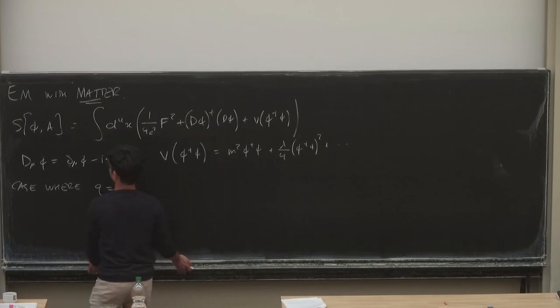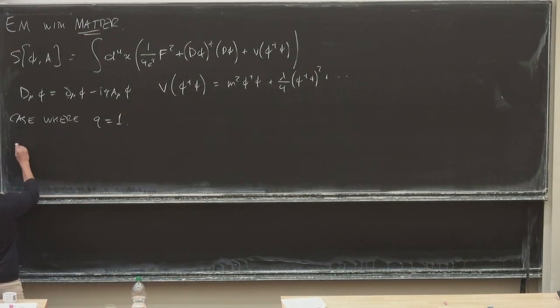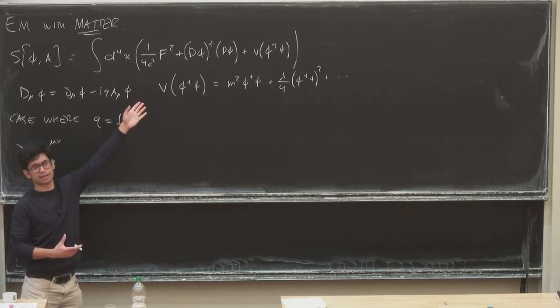So in the case where q equals 1, actually in the case of any q, the divergence of the electric current is just no longer 0. Its divergence was 0 before because we had no matter. Now we have matter. The equation of motion is ∂_μ F^{μν} equals the current coming from there.